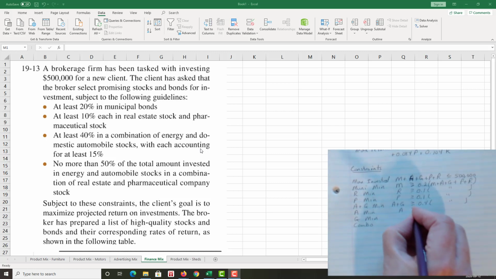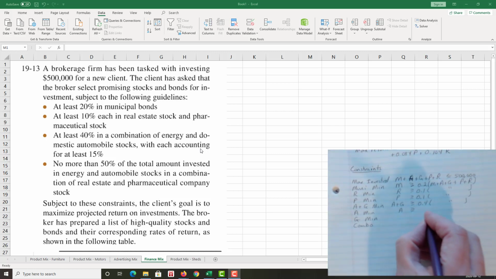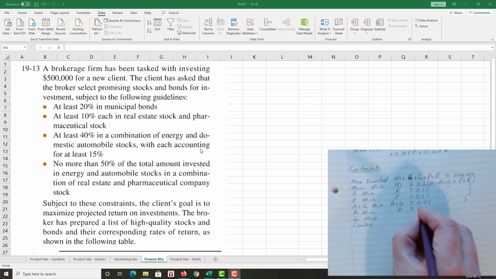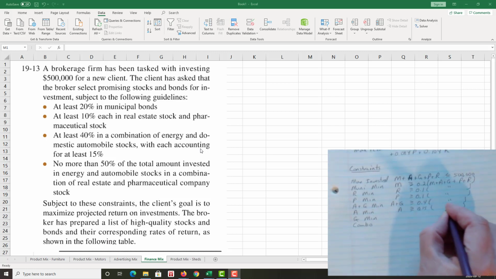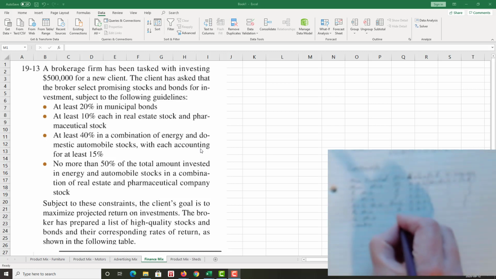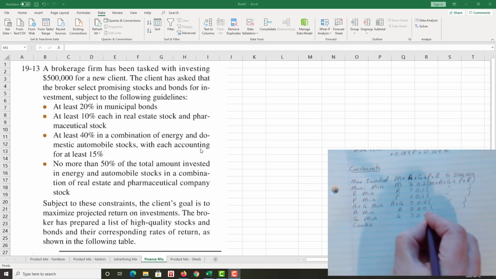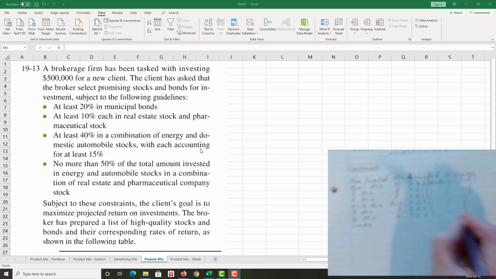A min greater than or equal to 15%, reading that out of the question, and again, total amount invested. Same thing with G min, greater than or equal to 0.15 times total amount invested. Okay, so lots of constraints, but no individual constraint is trickier. The big twist is total amount invested, and how do we represent that mathematically if we don't want to say 500,000, because we want to keep that open.